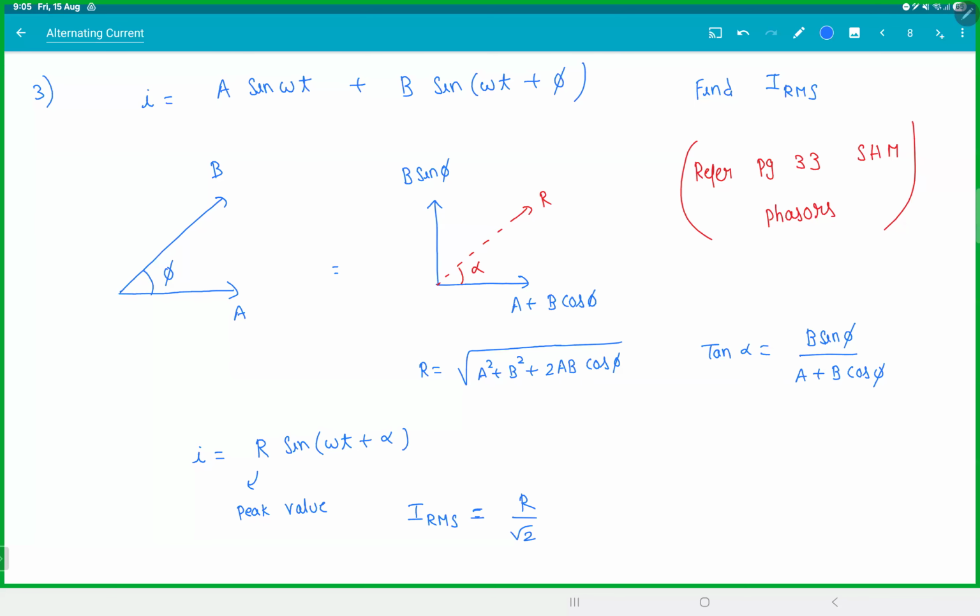This is a sine function plus a sine function. Both are different. All clear with this? Turning the page. Any doubts?